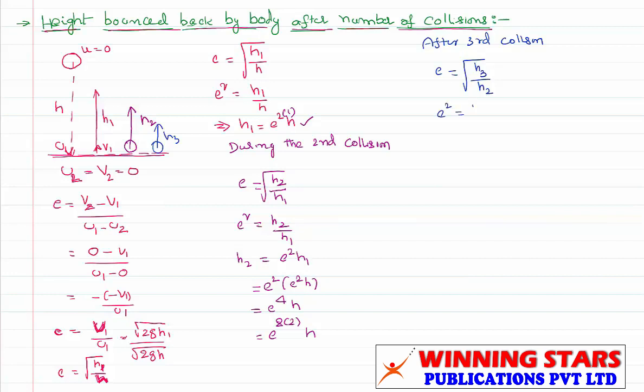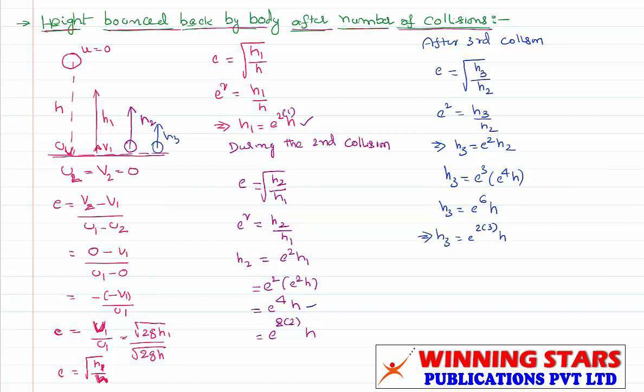Squaring this, that implies h3 equals e square times h2. But I know h2 already, e power 4 into h, so h3 equals e power 6 into h, that is e power 2 into 3 into h.